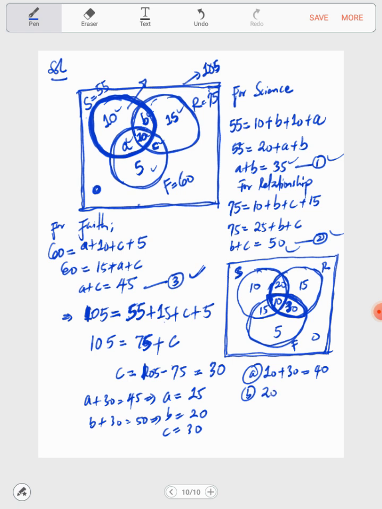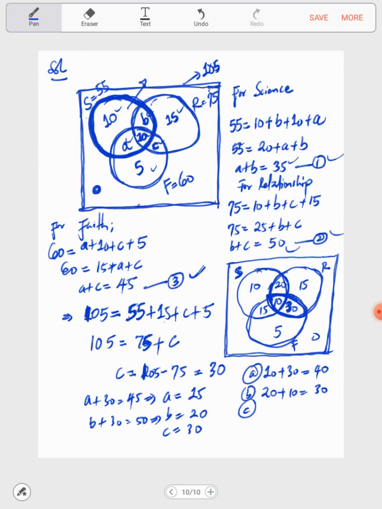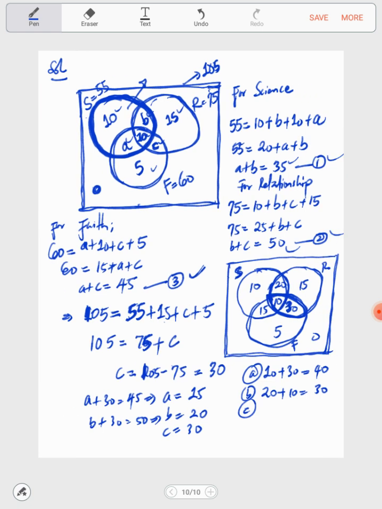That'll be 20 plus 10, that's 30. And the C says number that like science fiction and faith. Take note, the word only was not mentioned. That'll be the whole of this, and that'll be 15 plus 10, and that's 25.